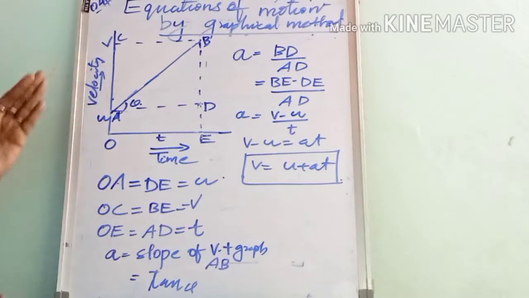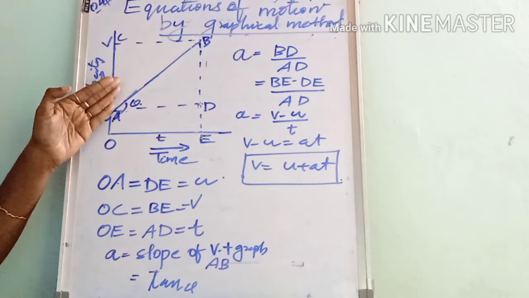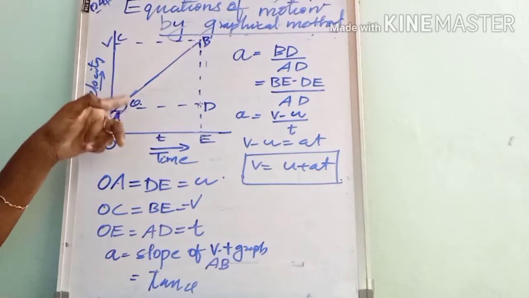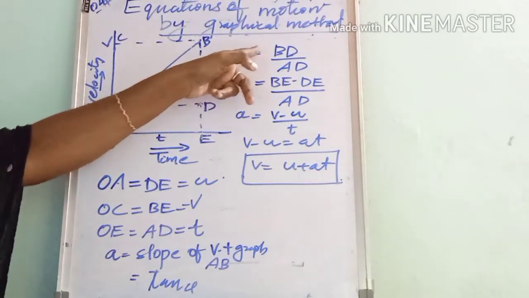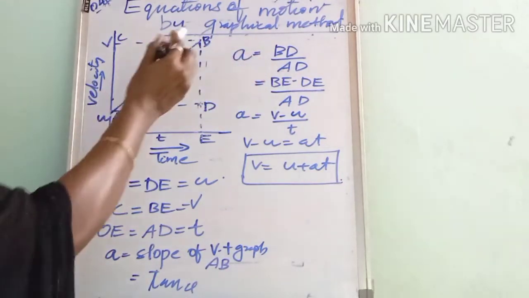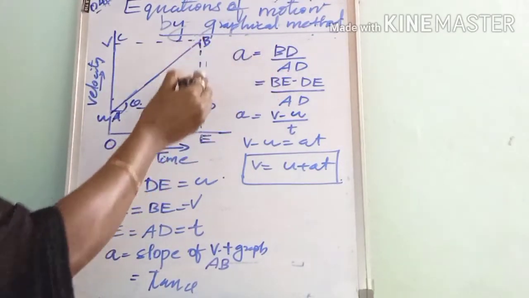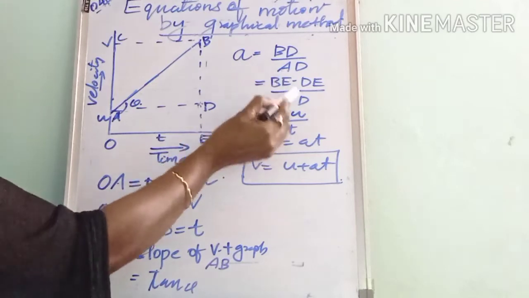Here the acceleration A is equal to the slope of the velocity time graph, which is tan theta. Instead of tan theta we can write BD divided by AD. Then BD can be written as BE minus DE divided by AD.